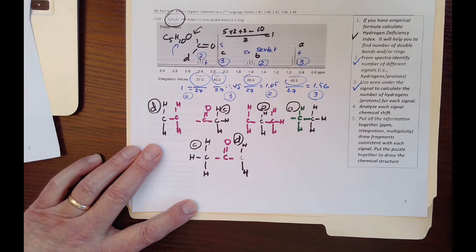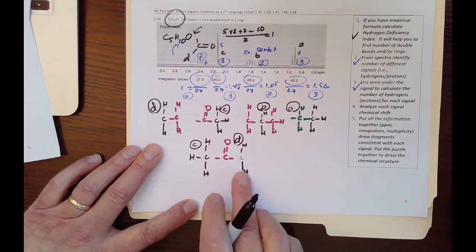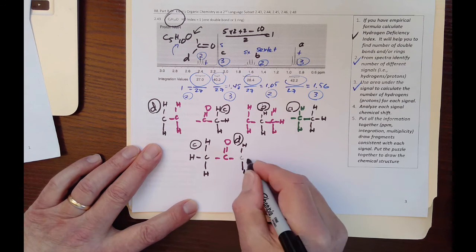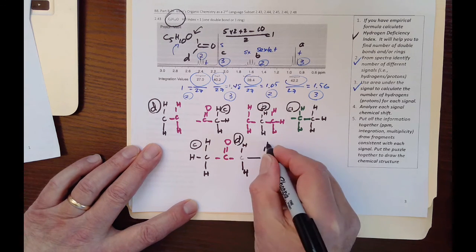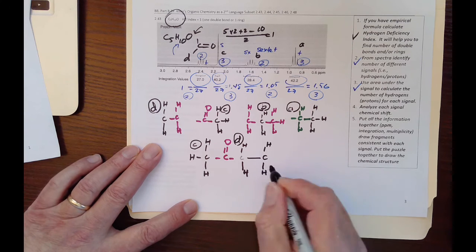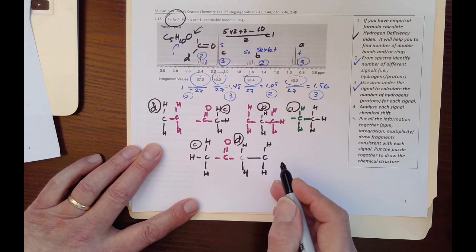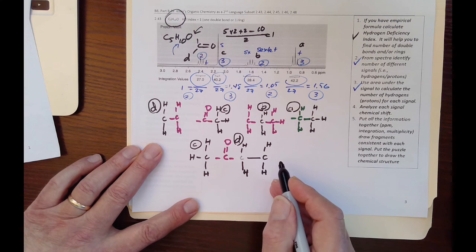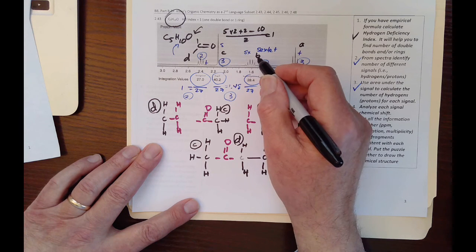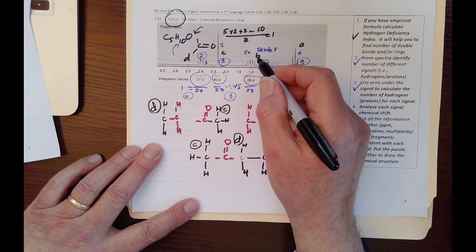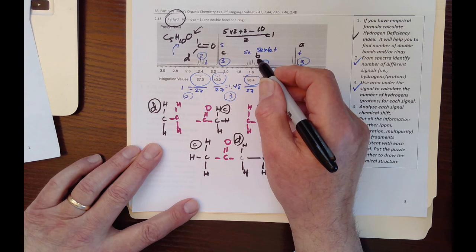Then this has to have a CH2 next to it. I put a CH2 next to it. It's a little bit away from the C double bond O, so it's not 1.7, maybe a little bit higher. So we're looking at the B. Remember the B? The B has a 6 signal.